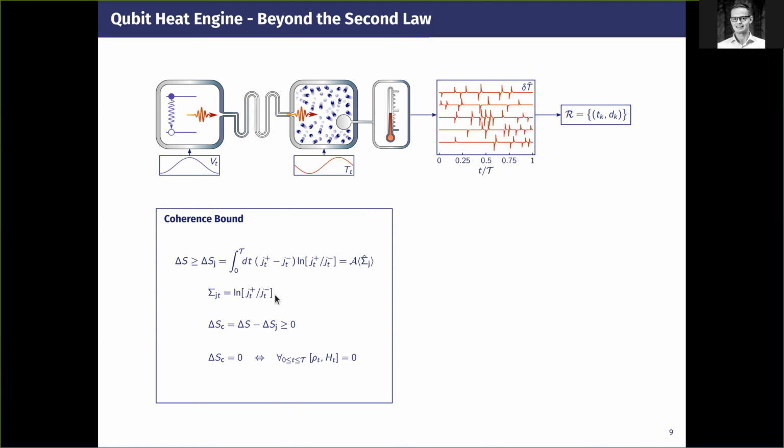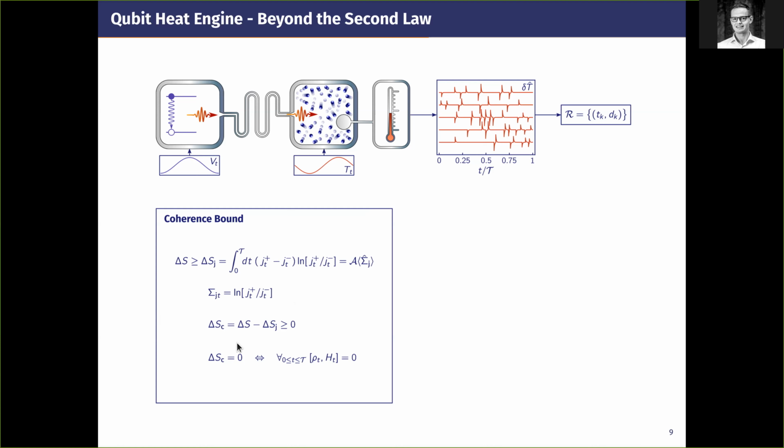J plus is the instantaneous flux of emitted photons, J minus the instantaneous flux of absorbed photons. And so this object could justifiably be called the entropy production due to quantum jumps. And the remainder of the total entropy production, delta SC, which is now positive by virtue of this bound, can be identified as a result of decoherence.